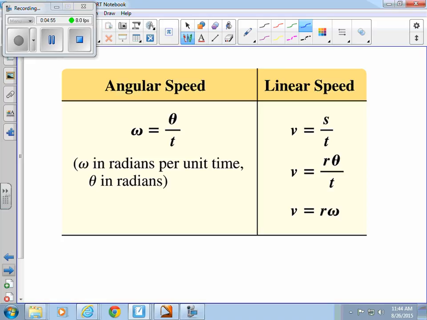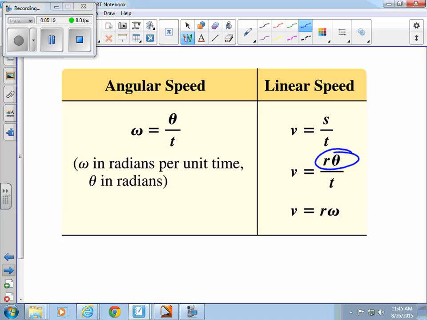But linear speed can be calculated a couple of different ways. We know it's the distance over time. That doesn't change. It is always distance over time. But we did learn from you, r theta, you said that? Paxton said that distance on a circle is r times the angle, r times theta in radians.